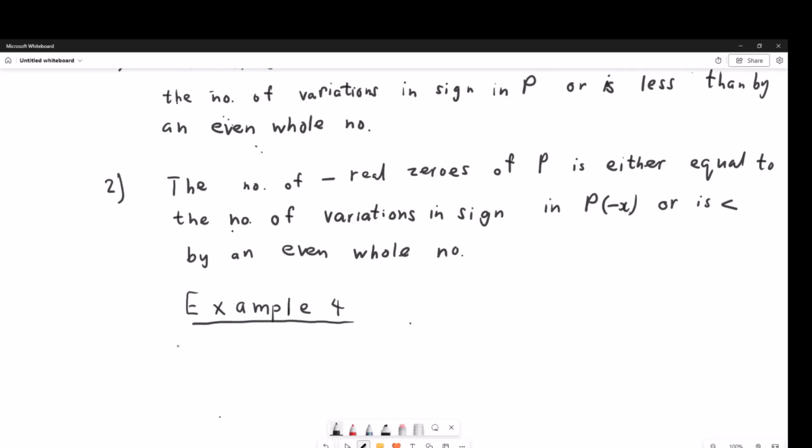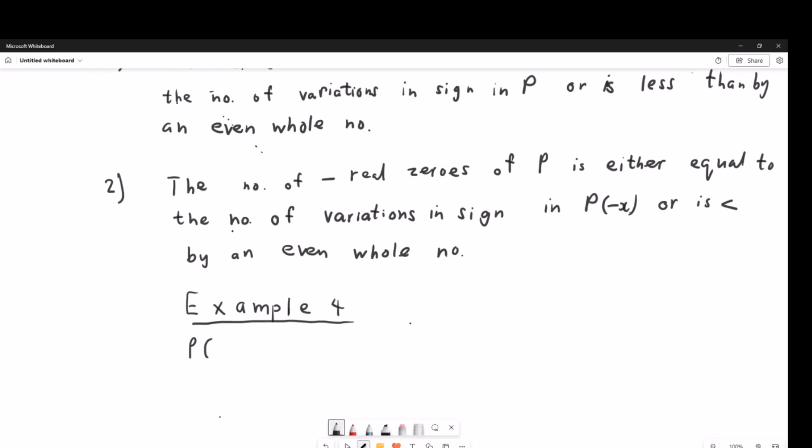So the question here, guys, is to use Descartes' rule of signs to determine the possible number of positive and negative real zeros of the following polynomial.